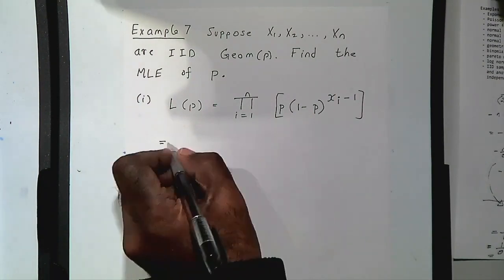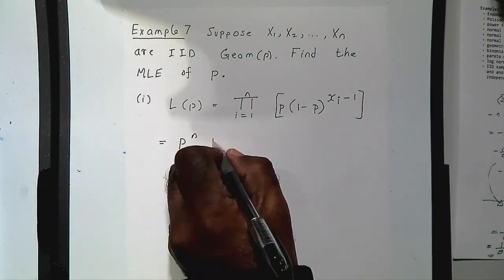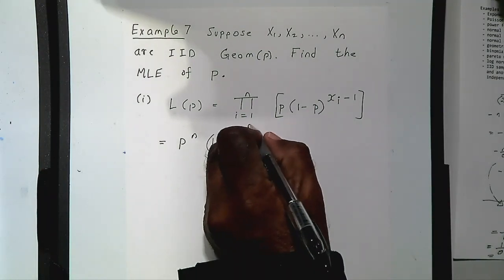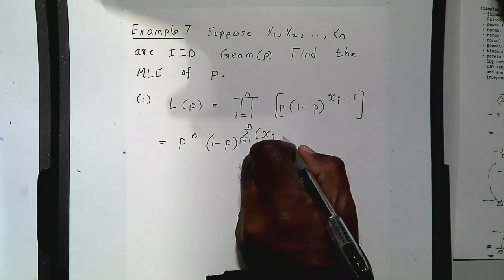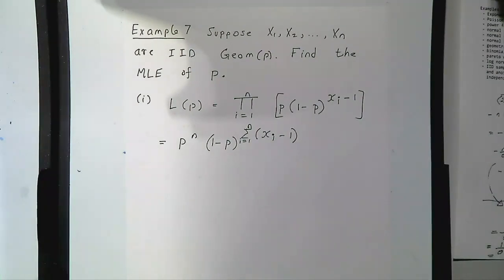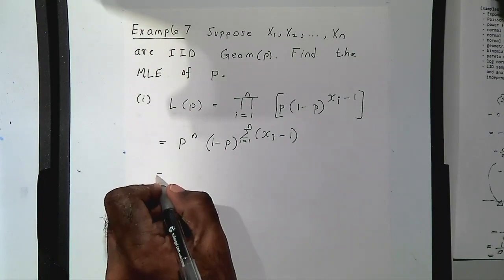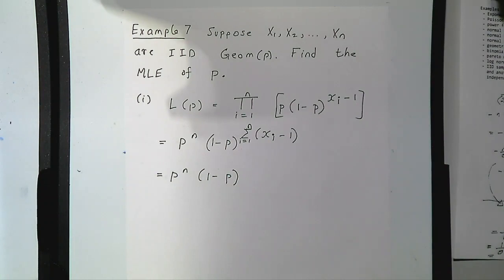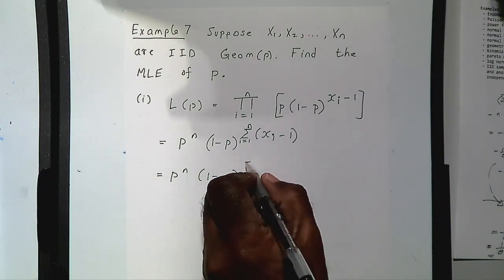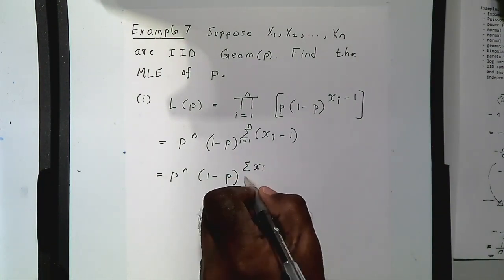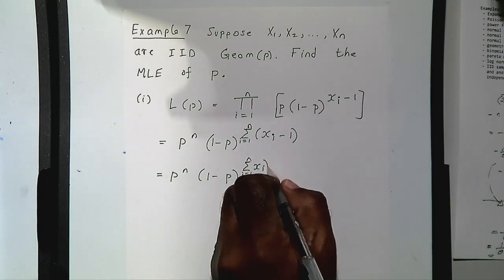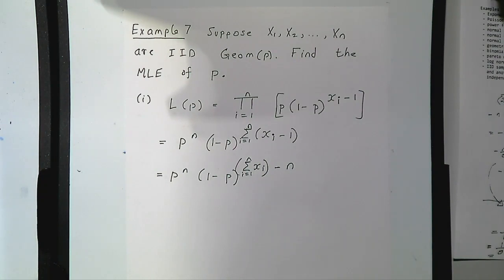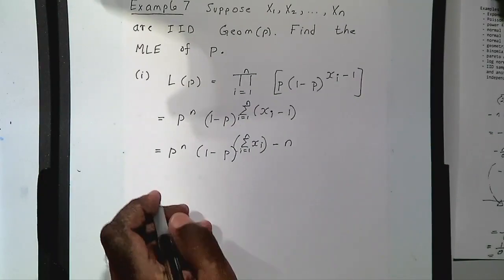If you do this product, you get p to the power n, and then you should take the sum of this. You get the sum of xi, i from 1 to n, and the sum of 1 is n. That's part 1.